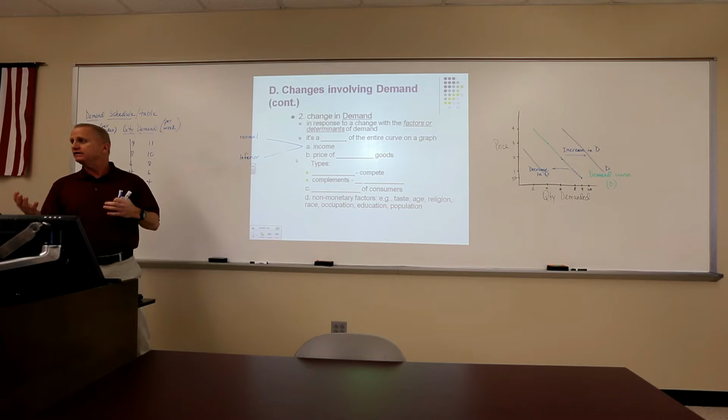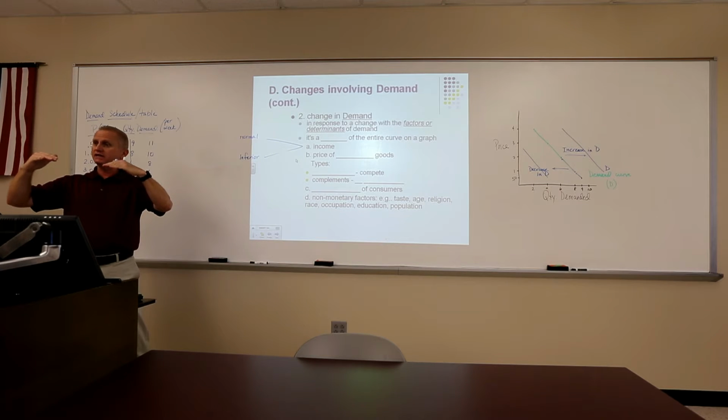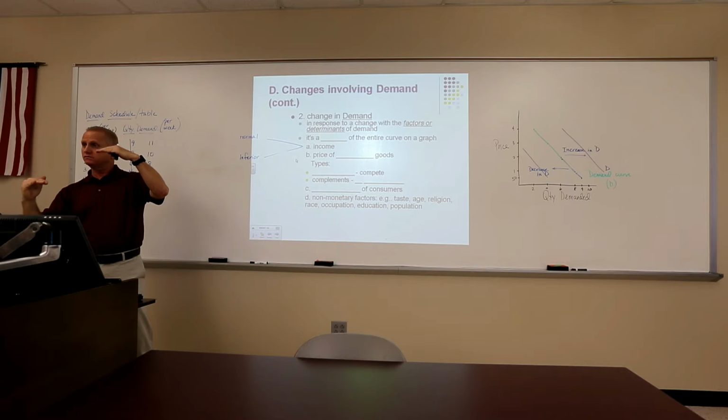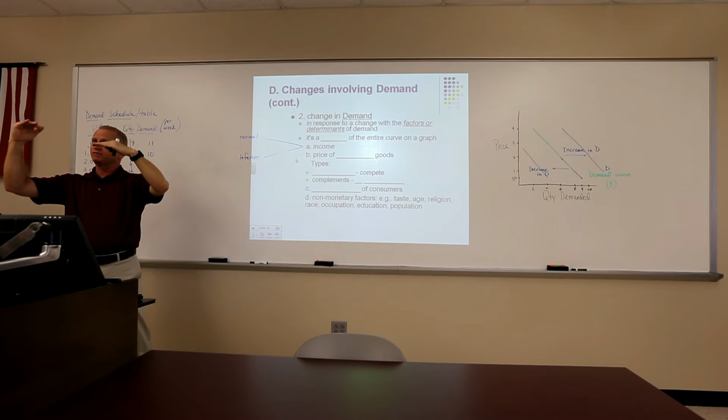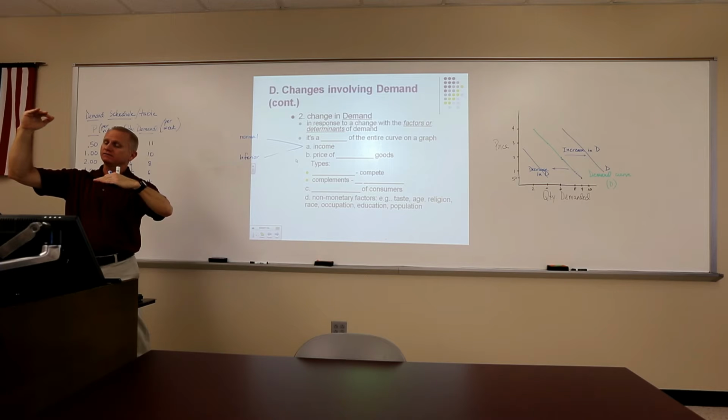But once I graduated and got a job, I bought a car. So here's what happened. When my income was low, the demand for city bus transportation was high. But as I got a job and my income rose, the demand for city bus transportation went the other way. I didn't need the city bus anymore, and I could buy my own car.